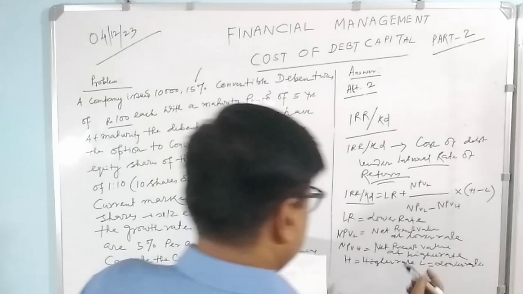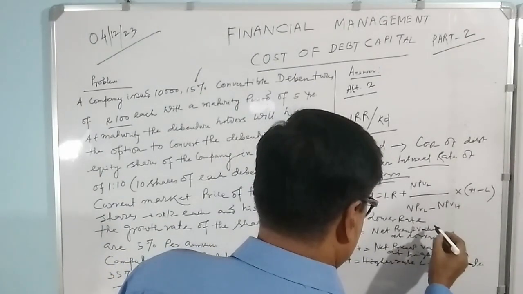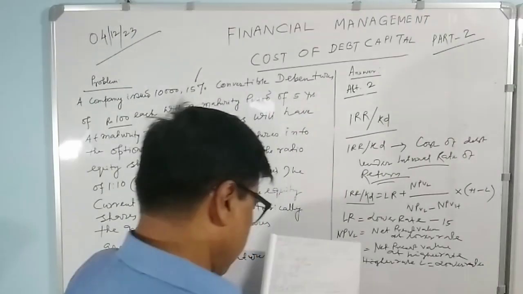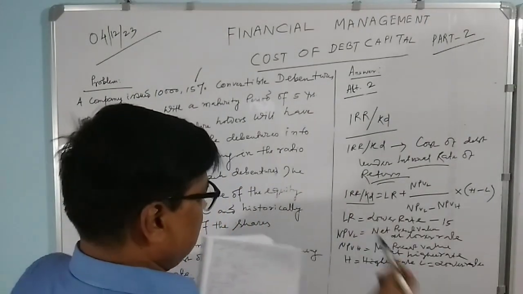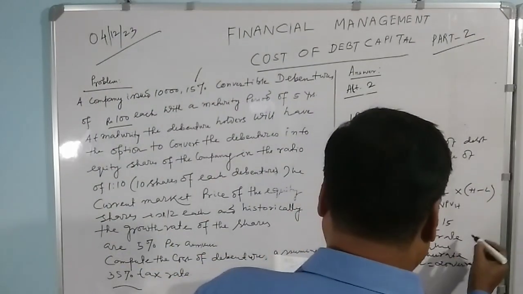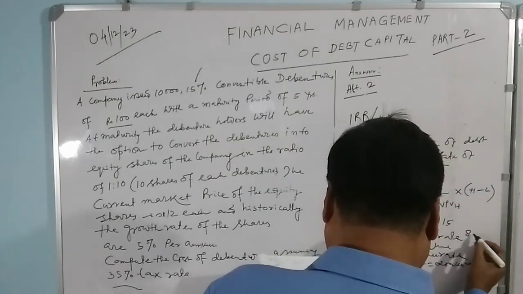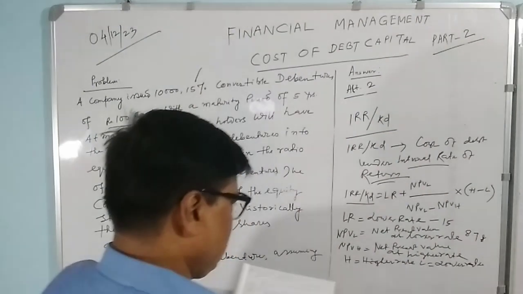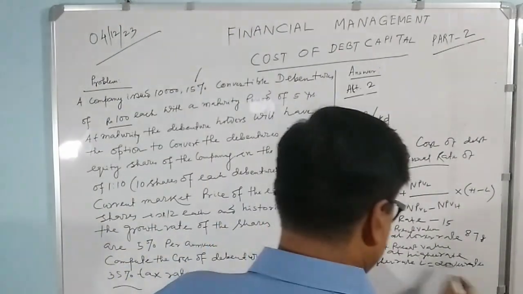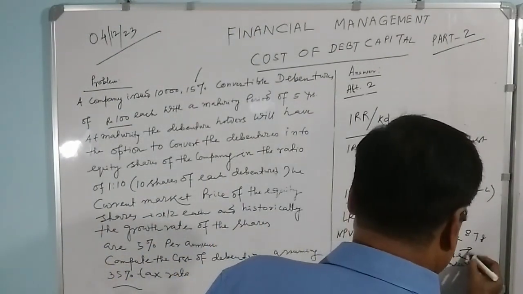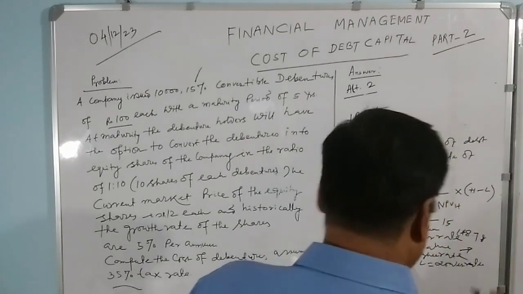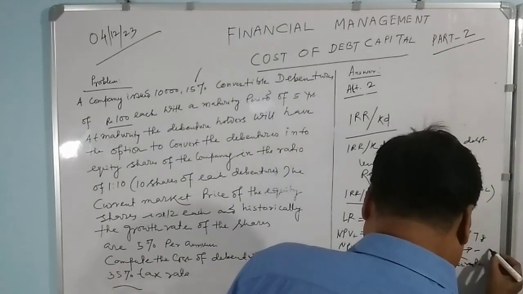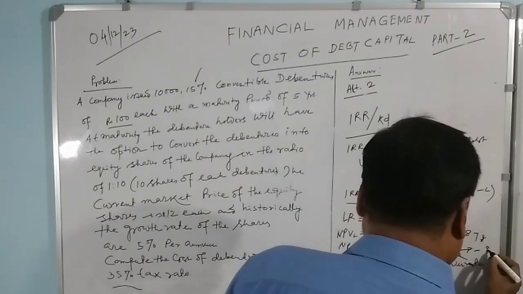Here LR is 15%, NPVL is what we calculated in the last pages, 8.78, that is at the 10% discount rate. Net present value at the higher rate, that is the 20% rate, is negative, and that figure was minus 9.29.